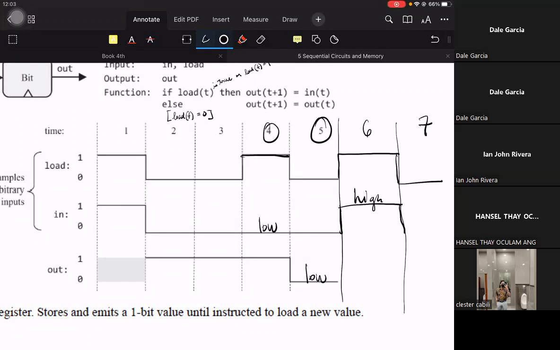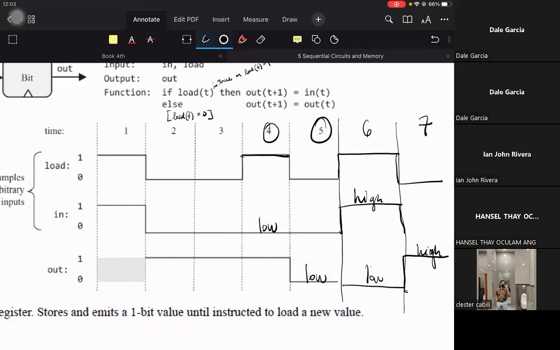Meaning on the 7th cycle, the output will become high. It will just retain its state because there is no instruction for it to change state, so it will retain the low output.